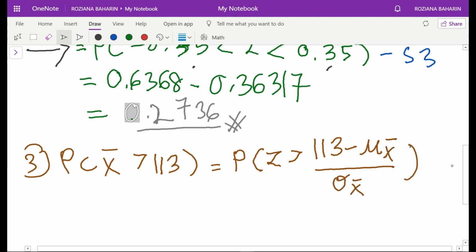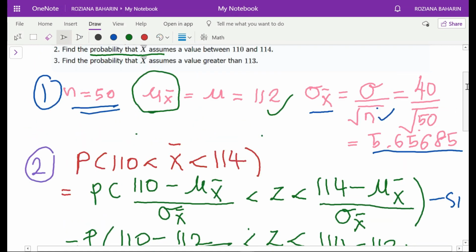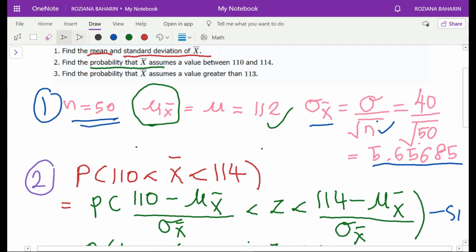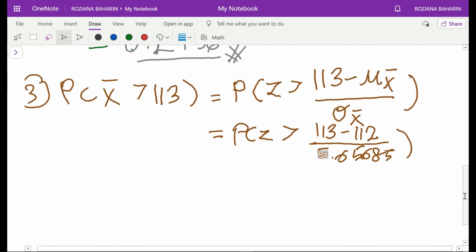So it becomes P Z more than 113 minus 112 divided by the same value, 5.65685. Recap: where do I get this value? Look at the first example, where we already found the standard deviation of X bar, which is 5.65685. We just plug it in, that's why it's quite similar to the previous question.